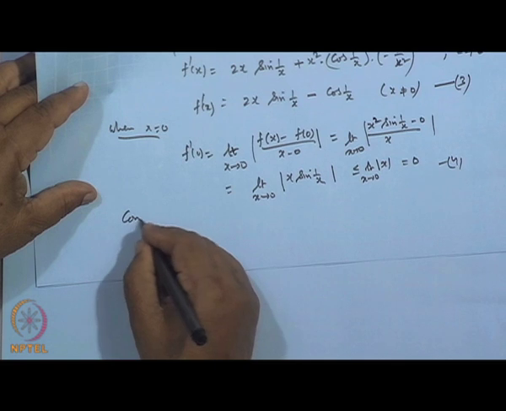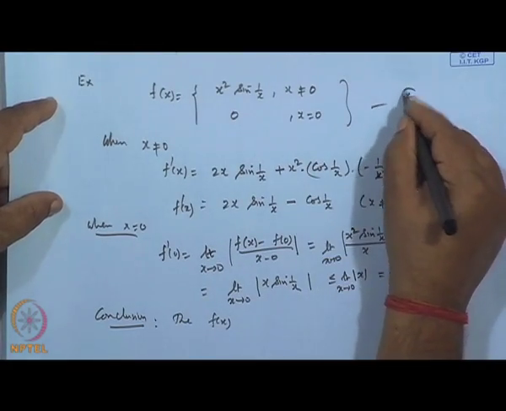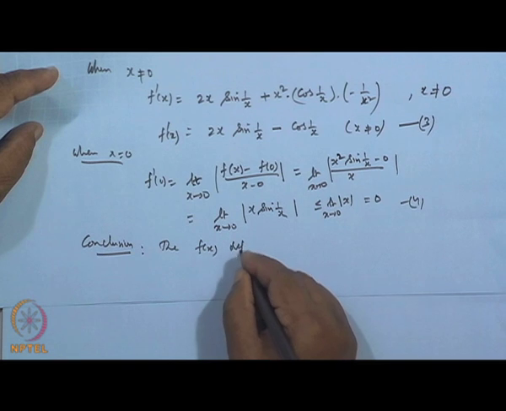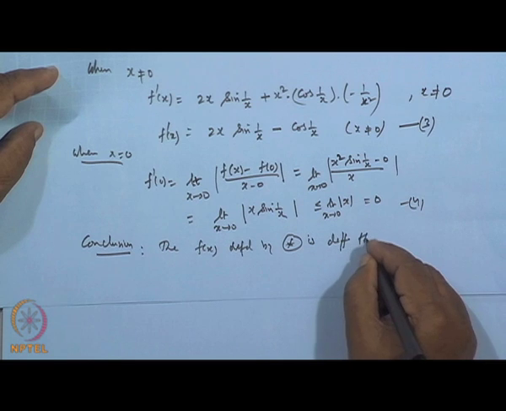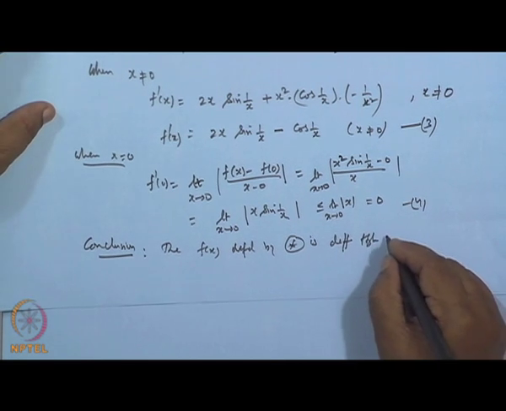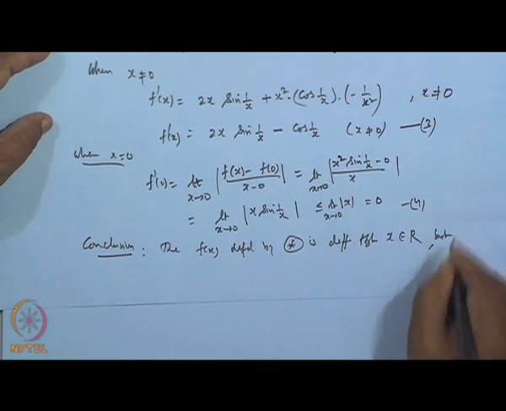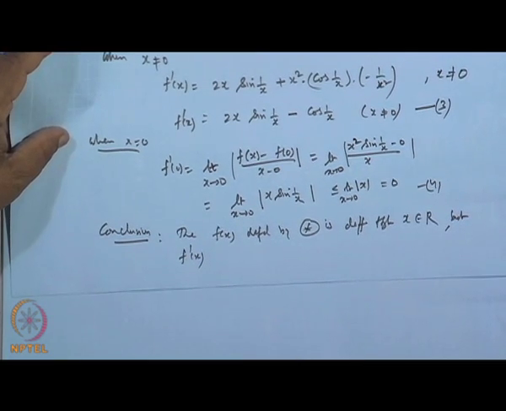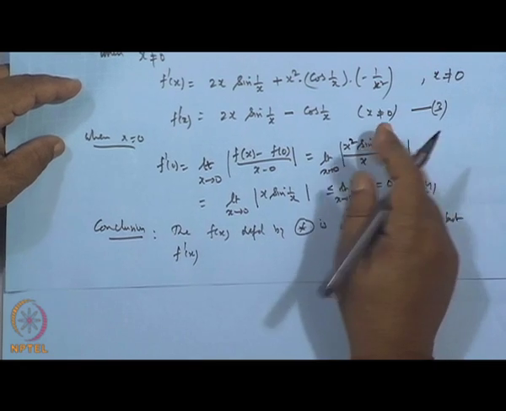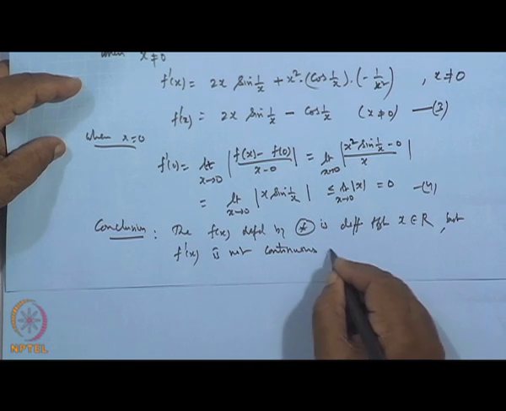So, the conclusion is that the function f x defined by star is differentiable throughout x belongs to R, including x is 0, but the derivative of the function f x is not continuous at x equal to 0.